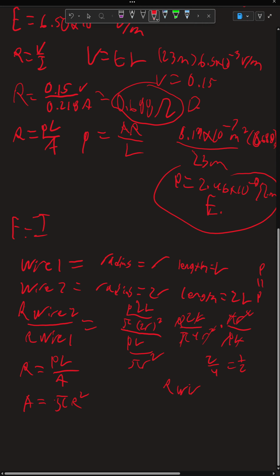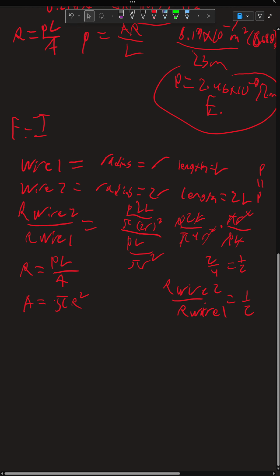R wire 2 over R wire 1 equals 1 over 2. Now we just have to find the ratio of the current of wire 2 to the current of wire 1, which is not the same as the resistivity ratio.